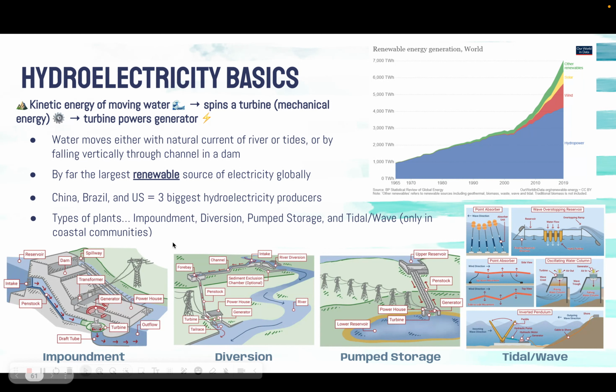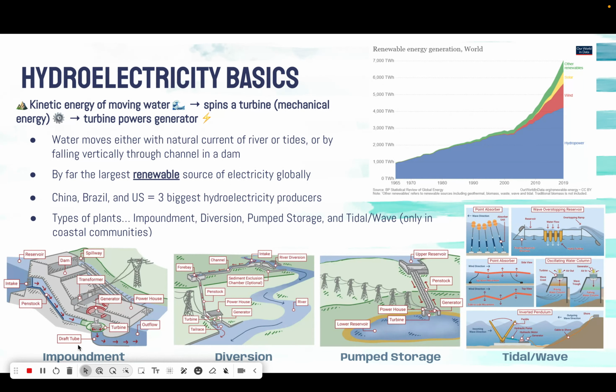Okay. So it can be a small device, it can be a huge dam that blocks an entire river, or it can be diverted from a river and travel through this system here, where it then spins a turbine. There's lots of different ways.